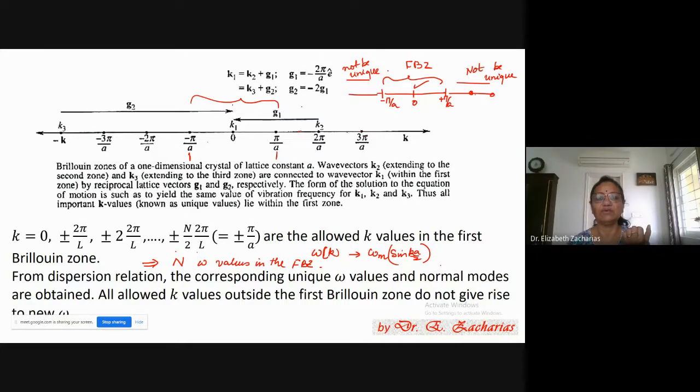You take any k outside the Brillouin zone and try to get the omega, and you will find that omega exists inside the Brillouin zone. So by just studying the first Brillouin zone, you can get all the unique omega values and all the normal modes that are possible for this N atom linear chain.